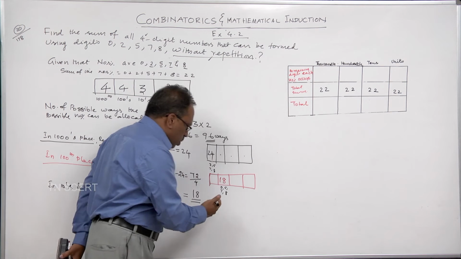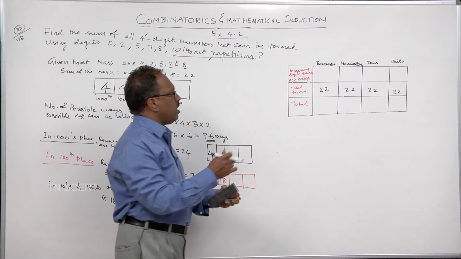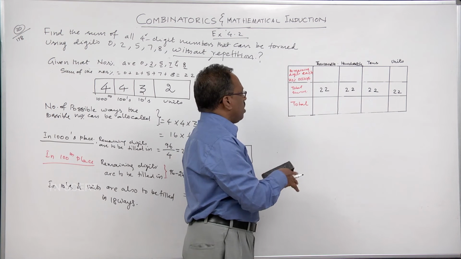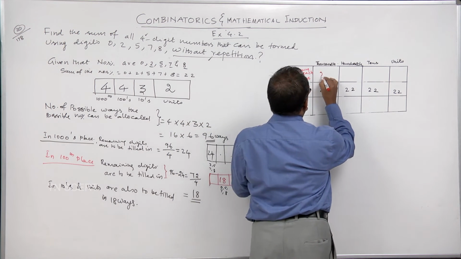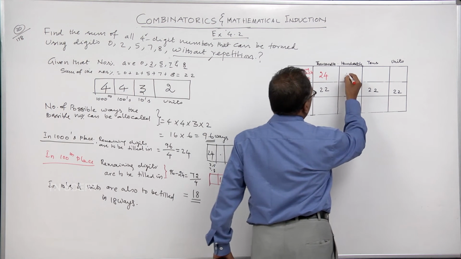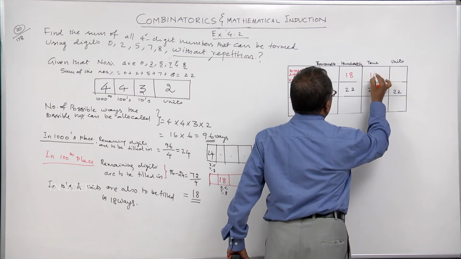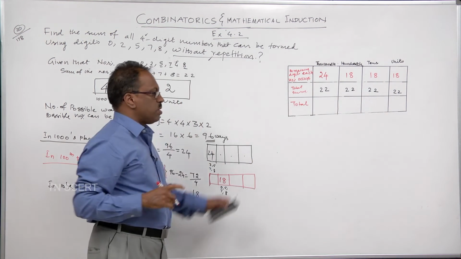So here also it is again 18 and 18. Now let me take into account, for your information, that the first column should be filled by 24, and the second, third and fourth by 18, 18 and then 18.